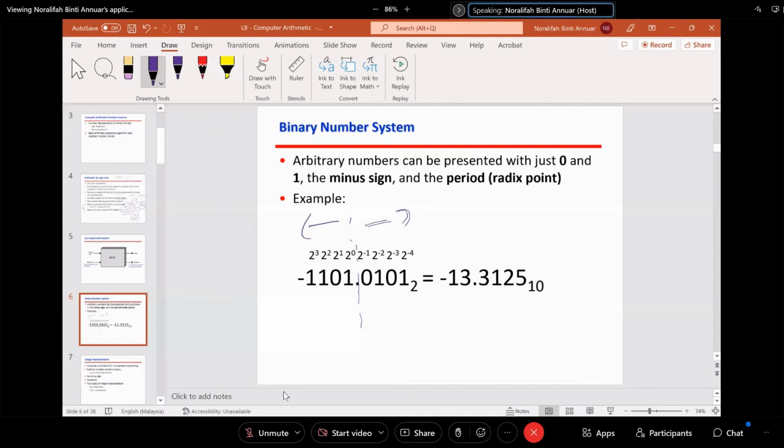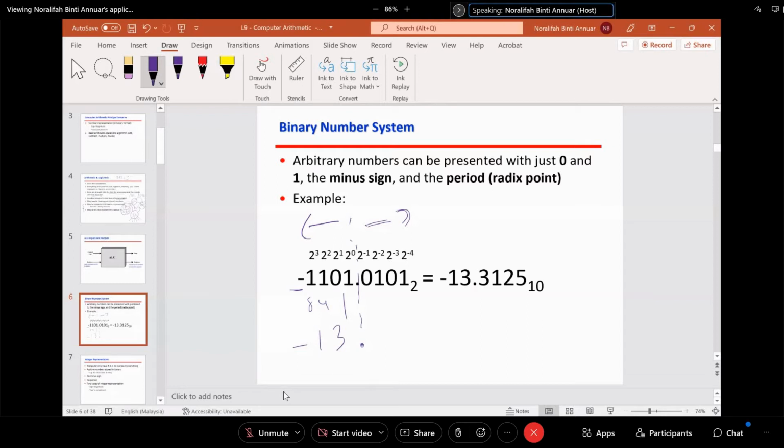So here, remember if the positive ni, I can start with position number 0, 1, 2, 3. Okay, kat sini ada sign magnitude, the minus sign. Okay, so you add it up. So 8 plus 4 plus 1, you get 13. And the floating point. And here is the very important part.